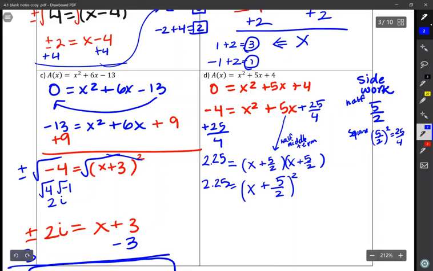Okay, I believe that's right. So again, it's just looking a little ugly, but not too bad. And then go ahead and square root both sides because we're solving for x. So you have the plus minus square root of 2.25.